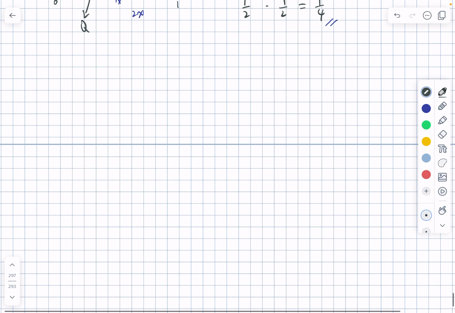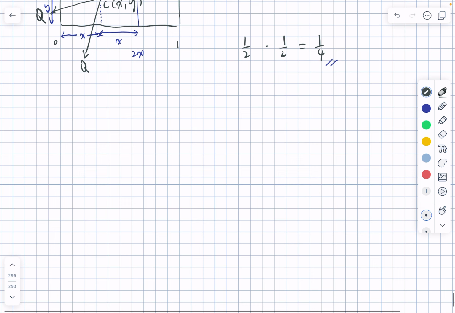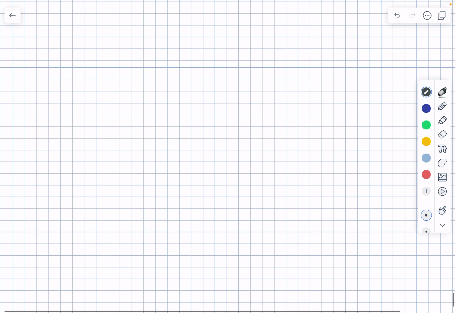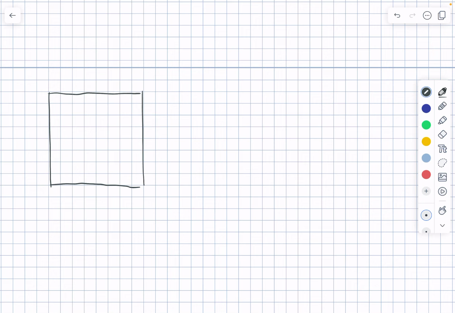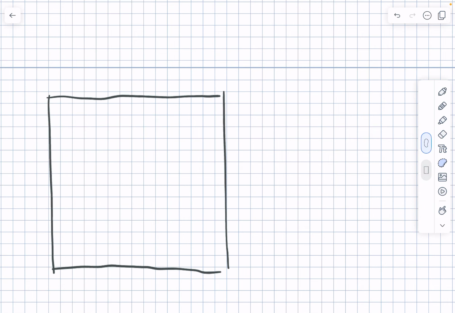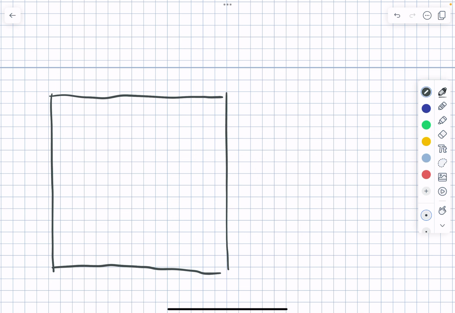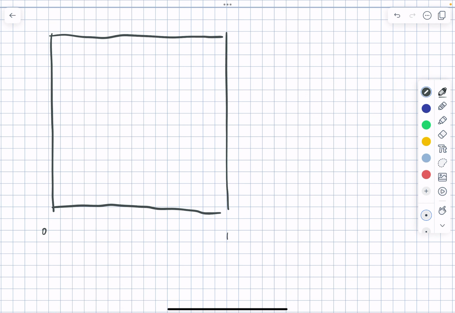So now how do we determine the probability that the circle is actually inside of the square? Let's draw a new clean diagram here, and let's make that larger. So we have a square. It goes from 0 to 1, 0 to 1.